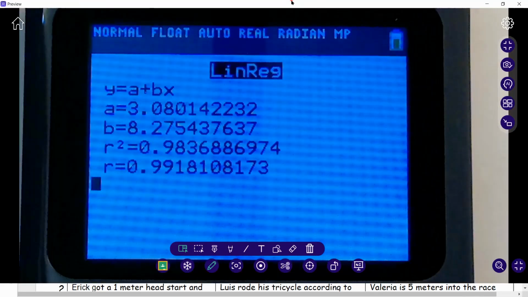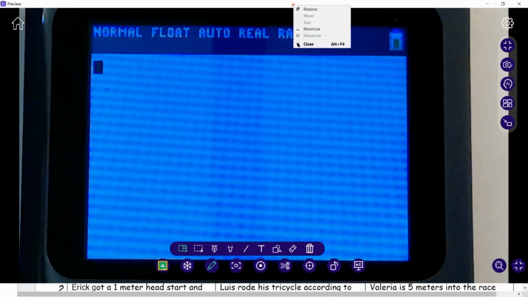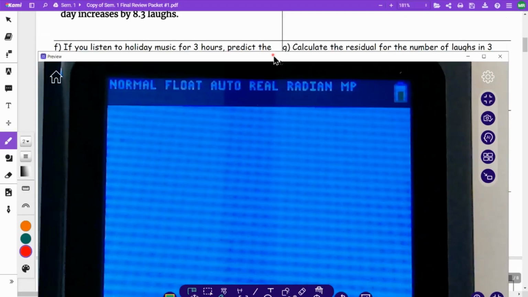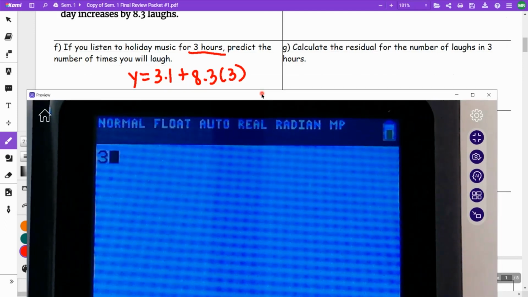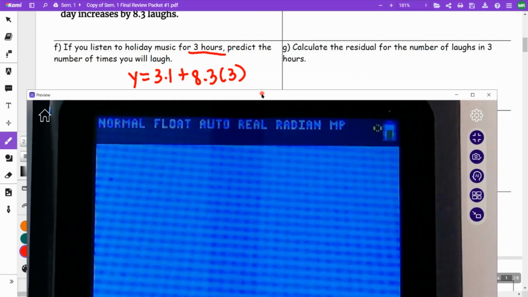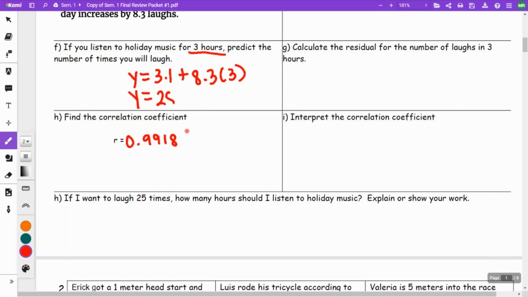So now into my equation, I am going to go, so I'm just going to move it for a second. 3.1, I'll move it here so we can see it. 3.1 plus 8.3 times 3, and we're going to get 28. So 28 laughs.